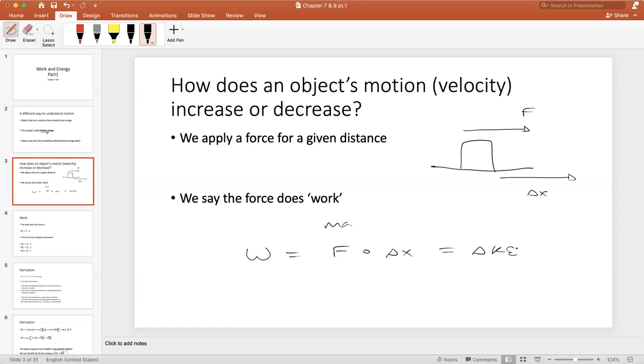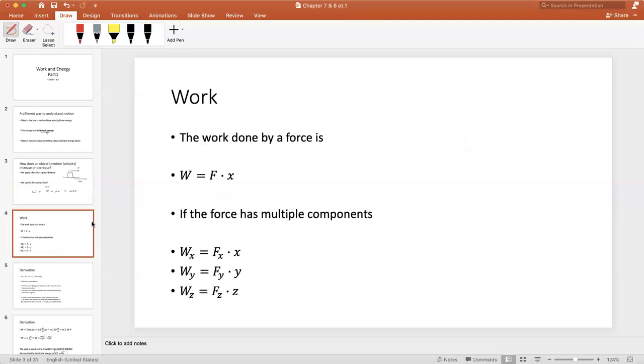We need to define what kinetic energy is, and we need to define work a little bit better than we have so far. So far, we've just generally said that if you apply a force for some distance, you get a change in kinetic energy. So let's try and do a little bit better. As I said, the work done by a force is F dot x.